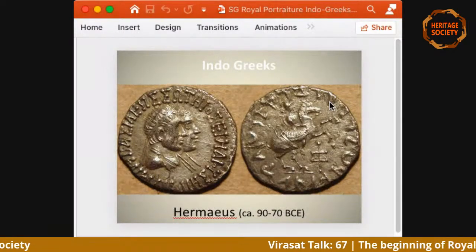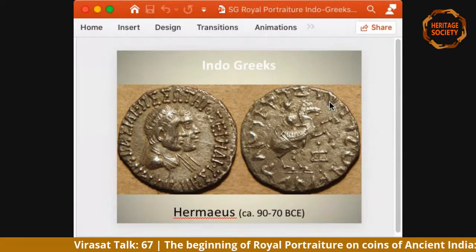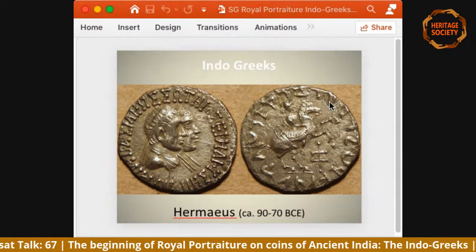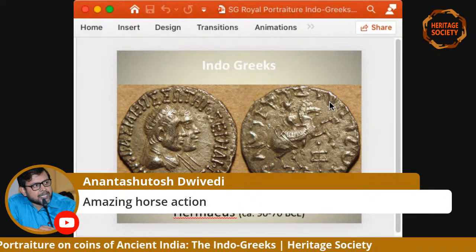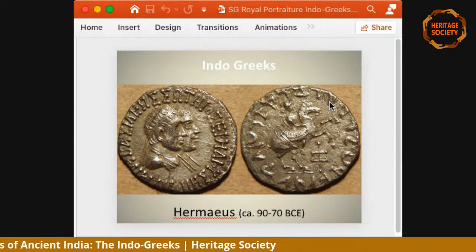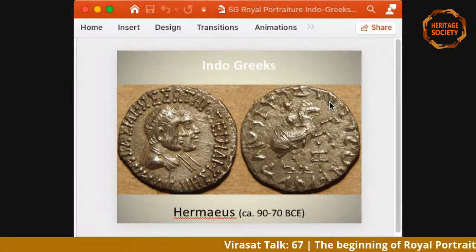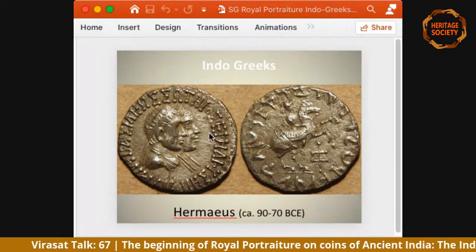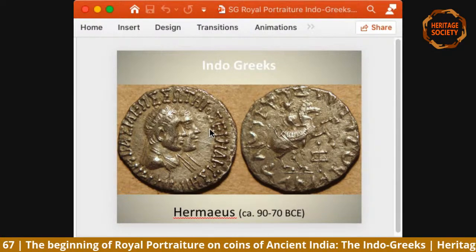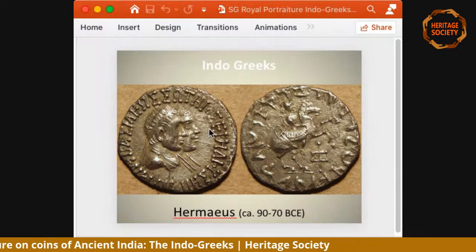There's another coin with the joint portrait of two personalities. In an earlier case, we saw the mother and the son, Queen Agathokleia and Strato. And here we see a male and a female figure. So this is identified with the king and the queen.